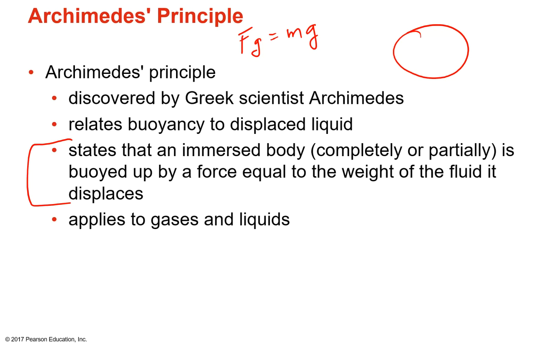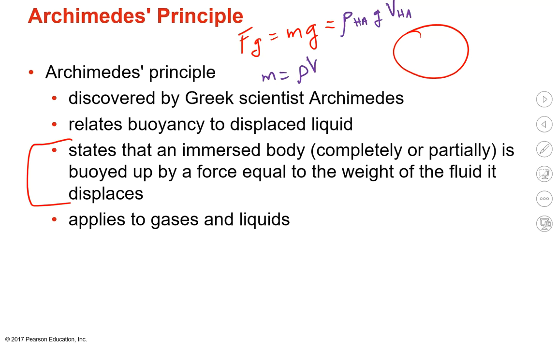But we just learned that mass is equal to density times volume. So this could be written as the density of the hot air times gravity times the volume of the hot air. So that's the force of gravity.